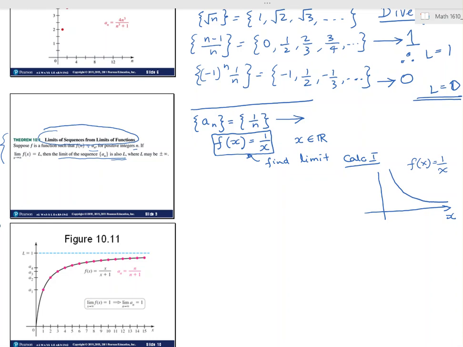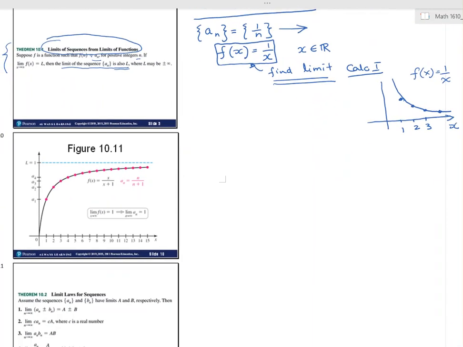Now if you think about the sequence, all that you are doing is picking points on this graph at discrete intervals. So all these terms of this particular sequence would be sitting on this curve. So wherever the function goes, so goes the sequence. And that's the idea. And it's a pretty neat idea because we know so much about finding limits for functions.